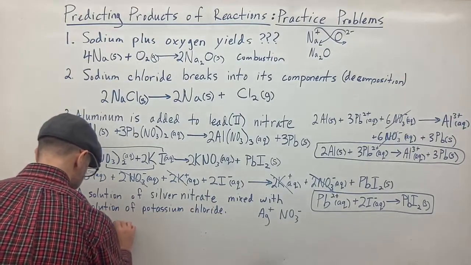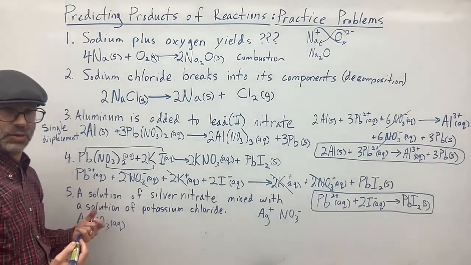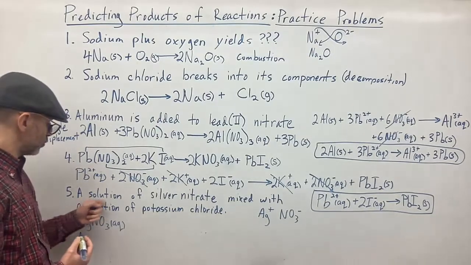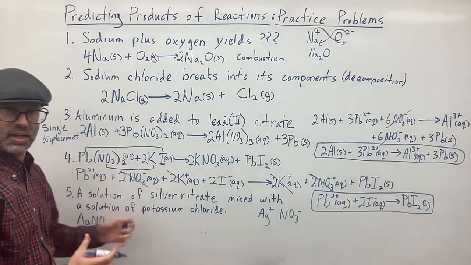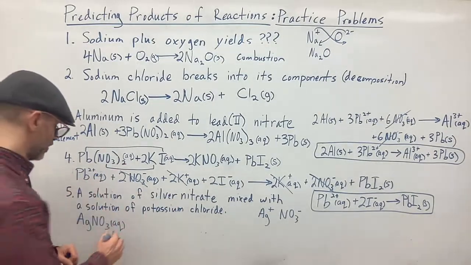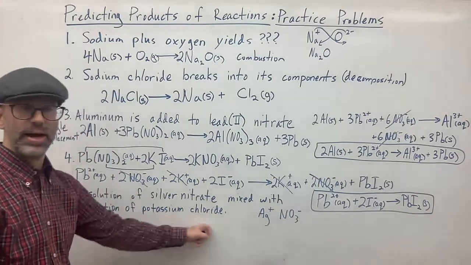and that's aqueous. Whenever they say solution, that means it's aqueous. That means it's dissolved in water, so the ions are separated. And then we're going to add to that potassium chloride, the other solution.